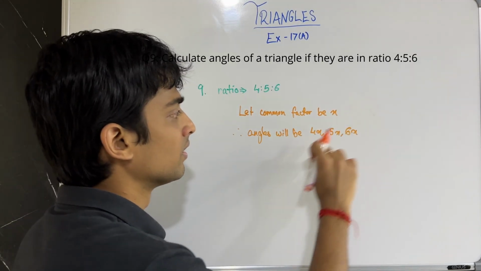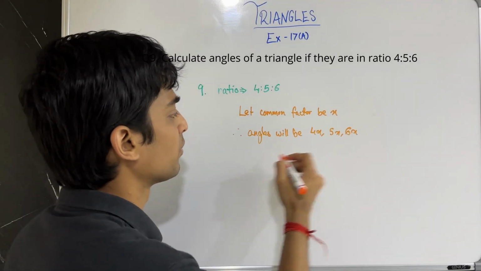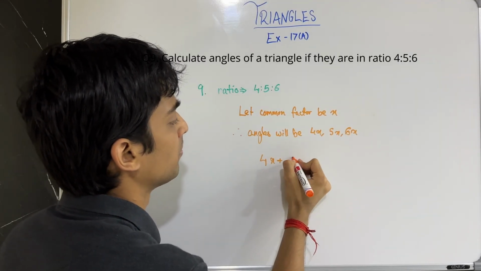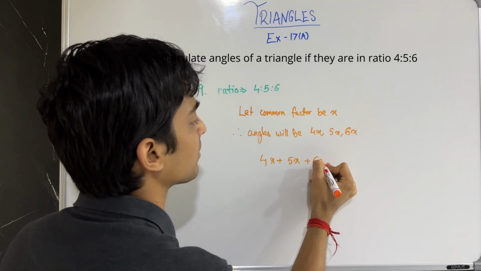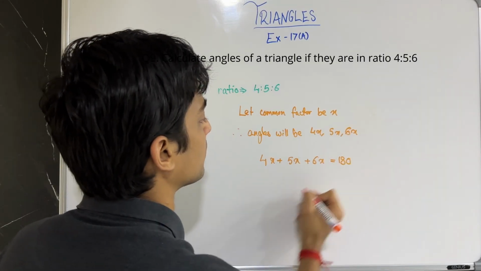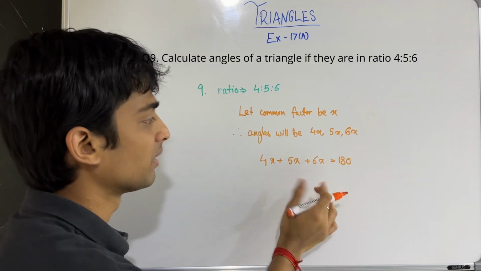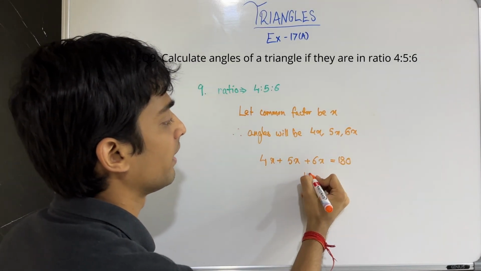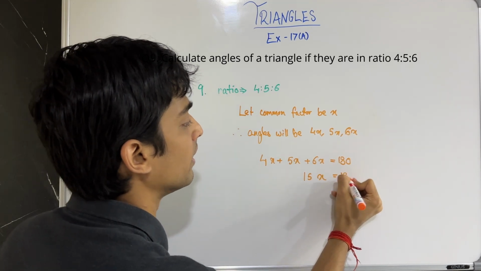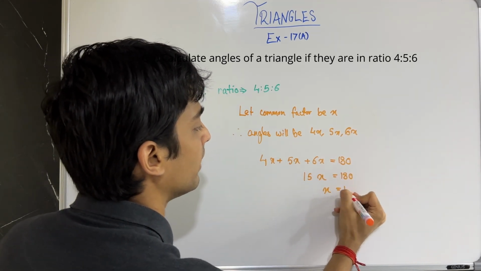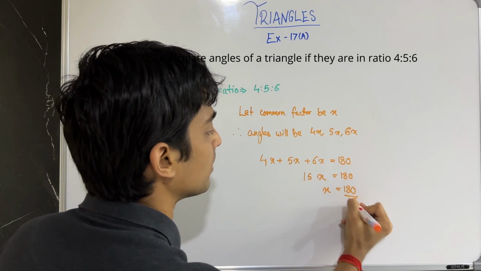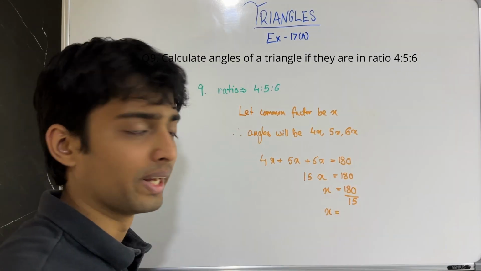Now the sum of them will be 180. We can make an equation over here. 4x plus 5x plus 6x equal to 180. Now let's add them up. We get 15x equal to 180, x equal to 180 upon 15. We get x equal to 12.